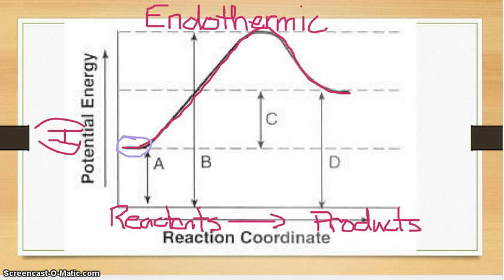The starting point where you see that flat line is your reactants. The ending point is your products. So the purple area we just circled, or this A vector we're looking at here, is the energy or enthalpy of your reactants, whereas D is the energy or enthalpy of your products, because that's what our reaction is ending up with.